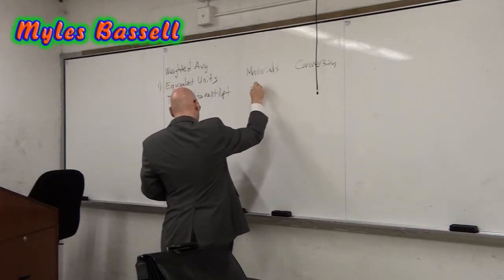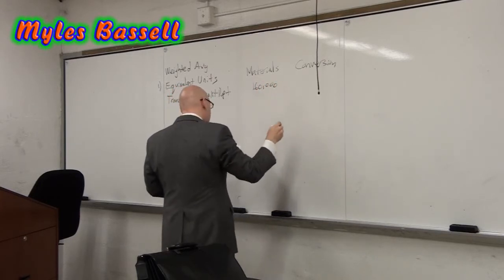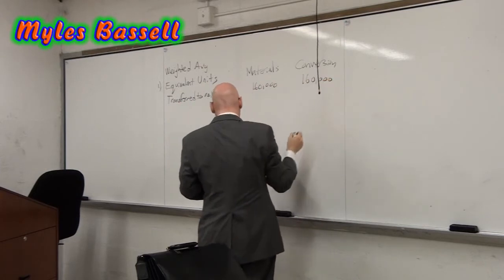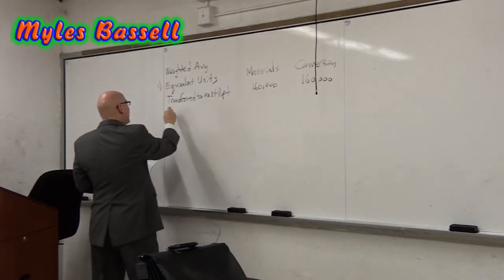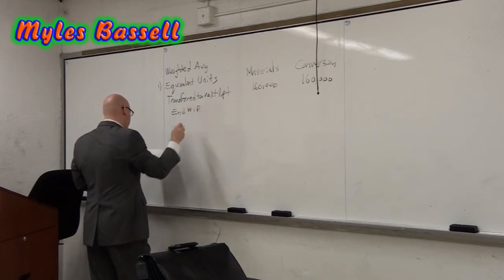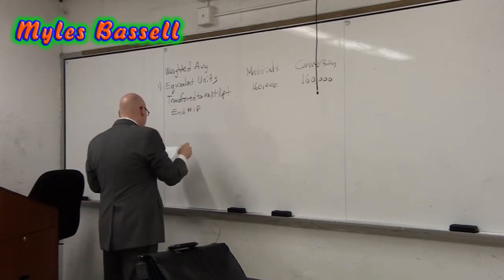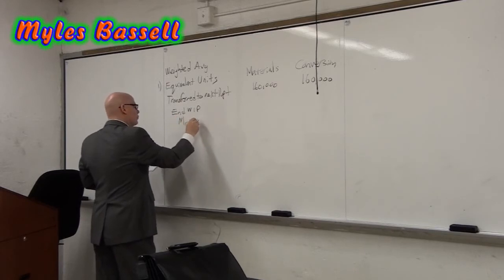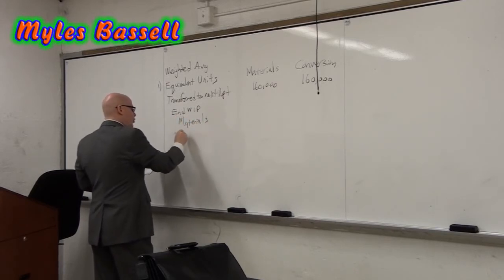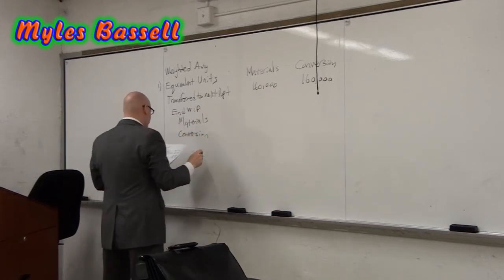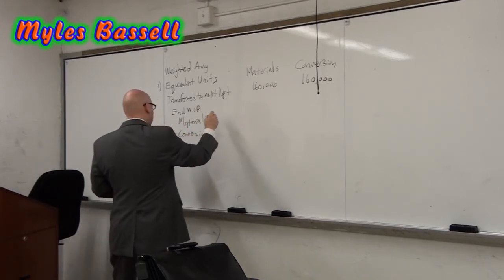Materials is 160,000 units. Conversion, they tell us, is also 160,000 units. Then they tell us the ending WIP, materials and conversion. How many units?